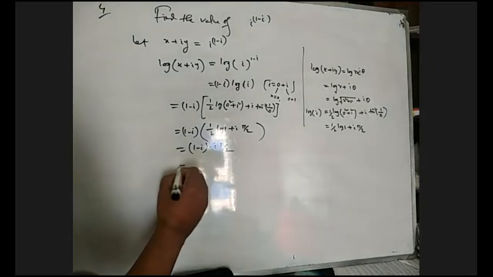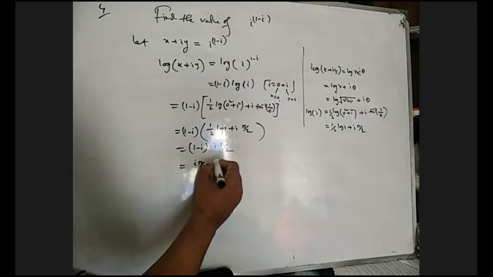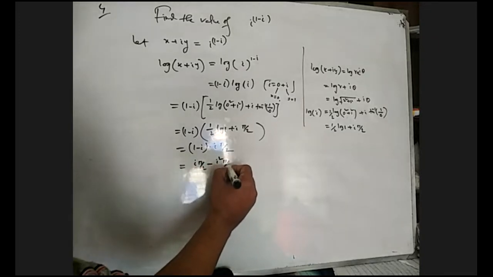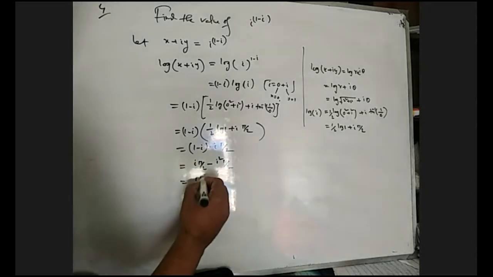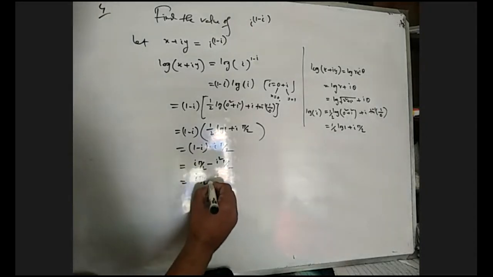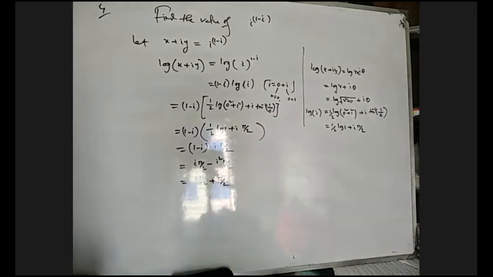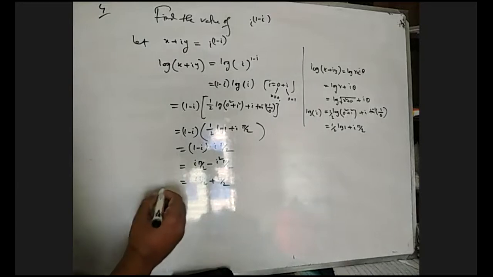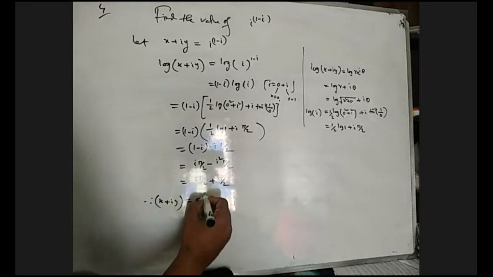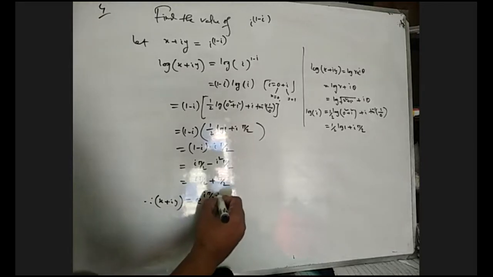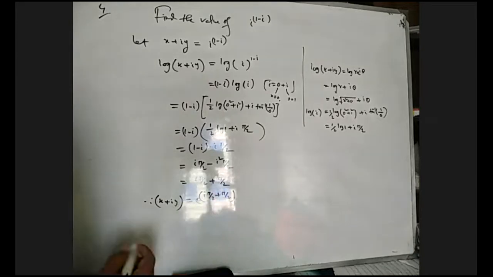Now multiplying, this equals I pi by 2 minus I square pi by 2. So we get I pi by 2 plus pi by 2. Therefore x plus iy, taking the exponential form, is e to the power of (I pi by 2 plus pi by 2).